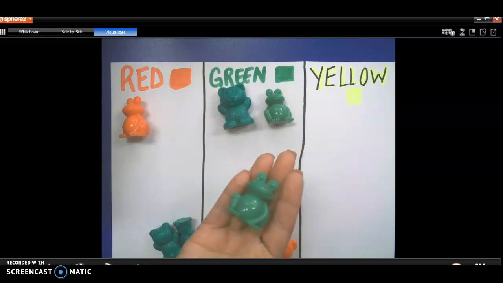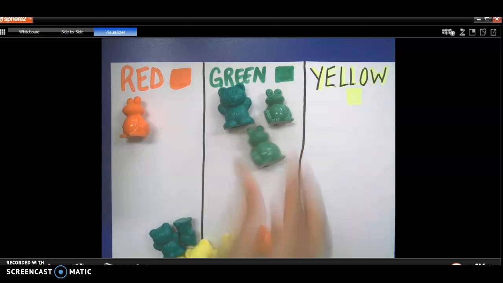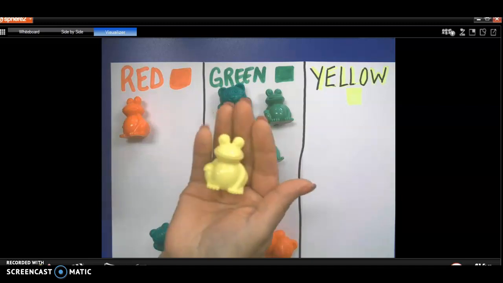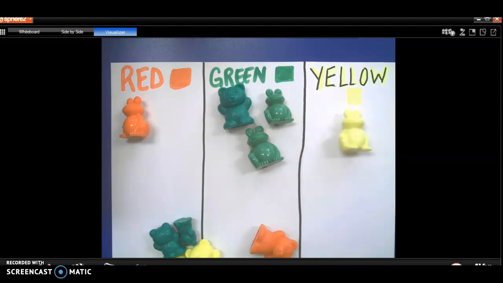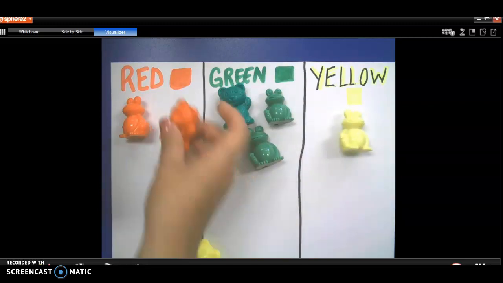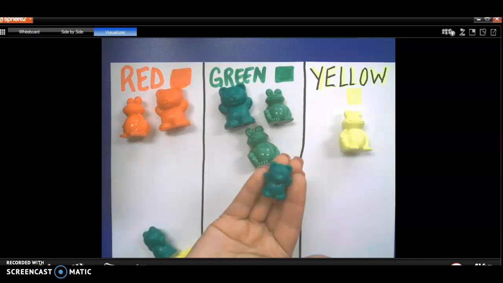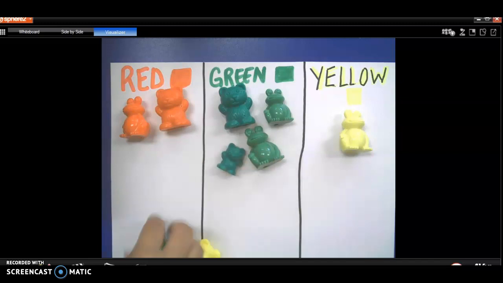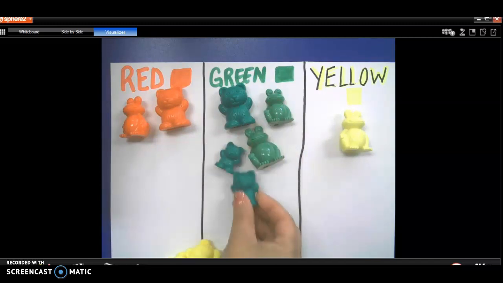So what color is this? It's a frog and it's green, so it will go with the greens. What about this one? It's a frog and it is yellow, so we'll put it over here. What about this one? A red bear. Okay. What about this tiny little one, baby one? Green baby bear. This one? Another middle-sized.